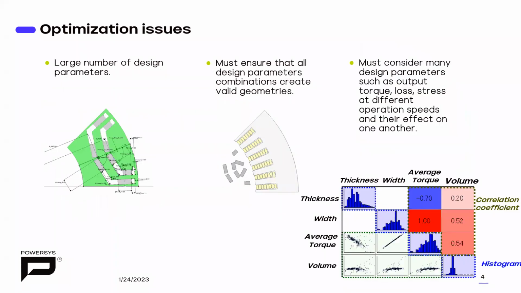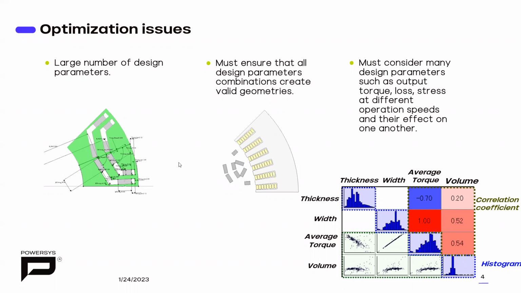So about the optimization issue, briefly, of course, now the large number of design parameters. So here you can see a sample example. This is just the rotor, but you've got also some for the stator. So more than 20, 25 variables here.